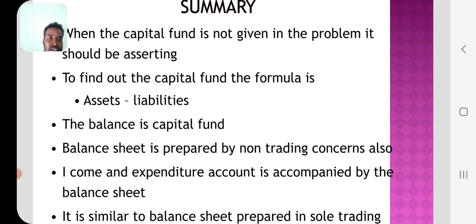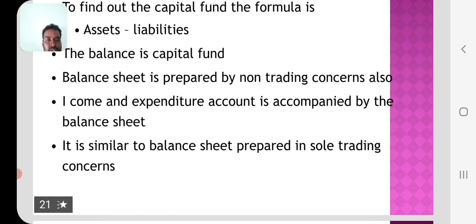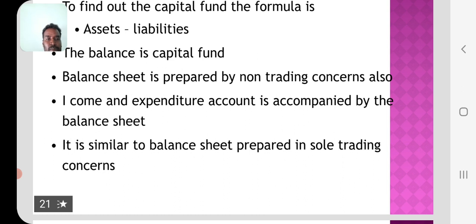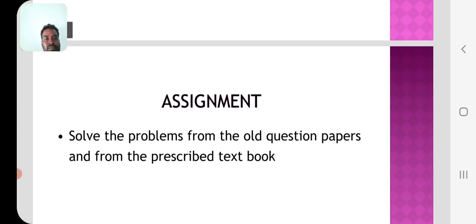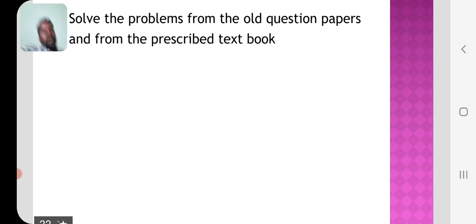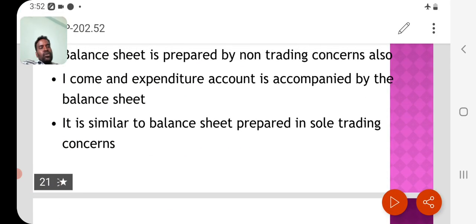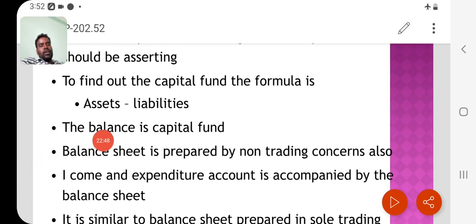The balance sheet is prepared by non-trading concerns also. The income and expenditure account is accompanied by the balance sheet. It is similar to the balance sheet prepared in sole trading concerns. So like this we have to prepare balance sheets with the help of the capital fund. Okay, thank you.